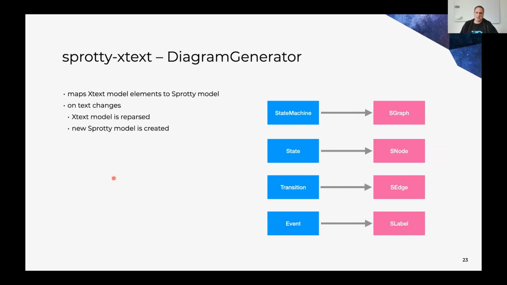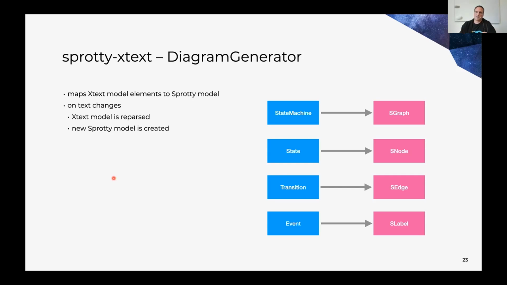The other thing that we have to add is a diagram generator. This one is automatically hooked up into the Xtext framework in a way that is bound to the life cycle of the text models that we have in the editor. That means each time the user changes the text, the parser kicks in and parses this text into a model, which we call the AST or the Xtext model in this case.